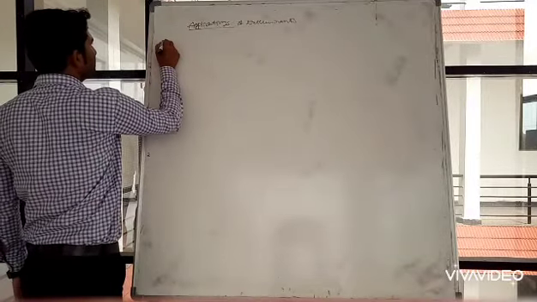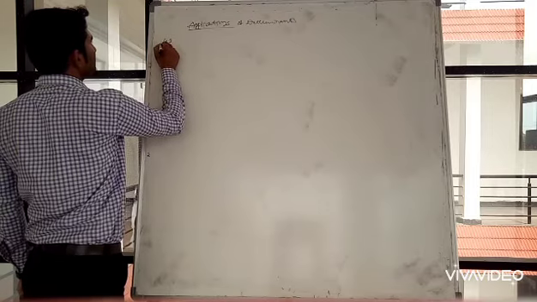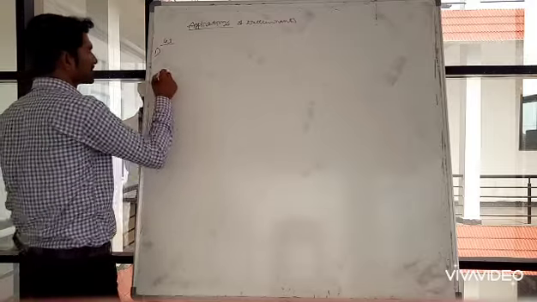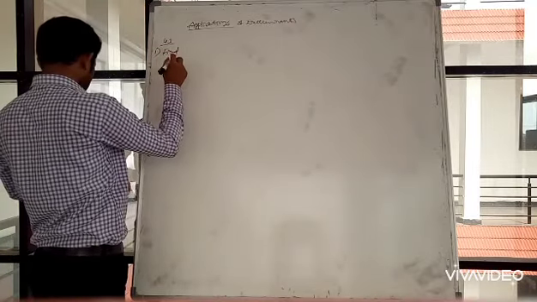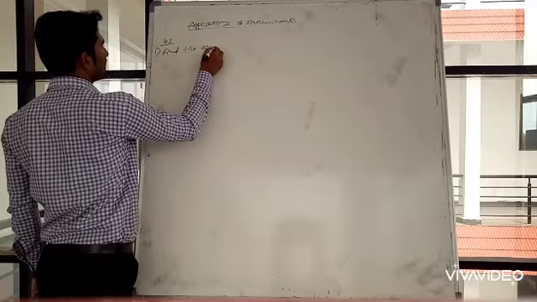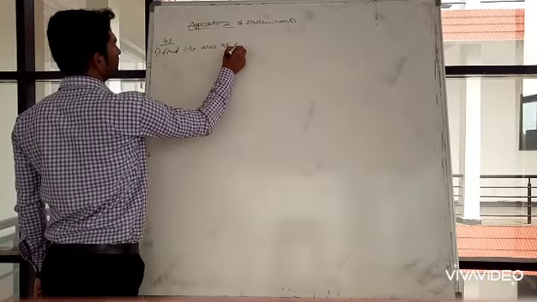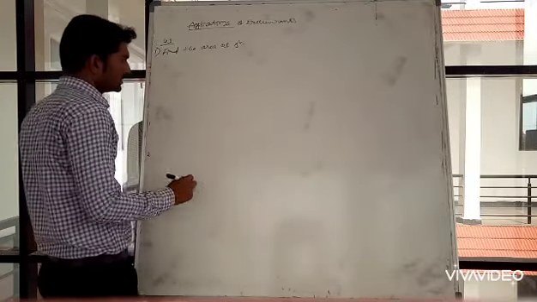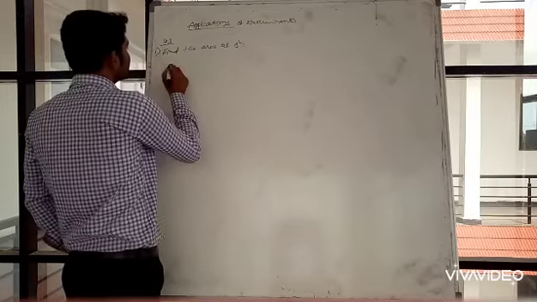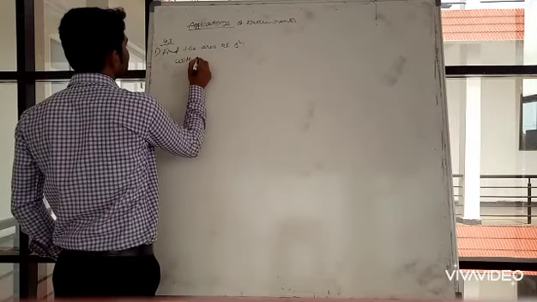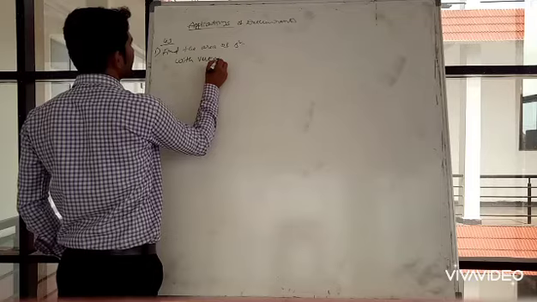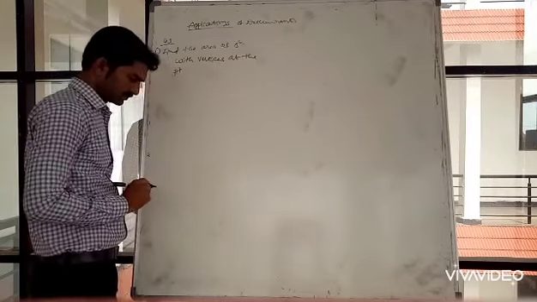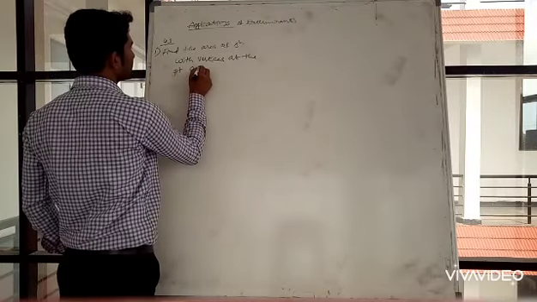First question, maybe 4.3. Find the area of the triangle with vertices at the points given in each of the following.